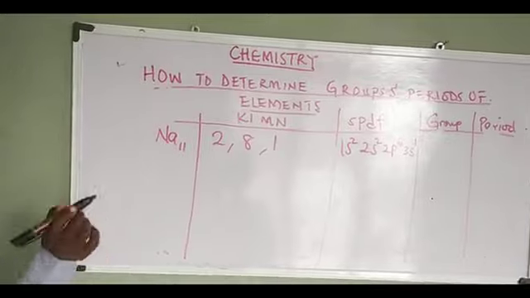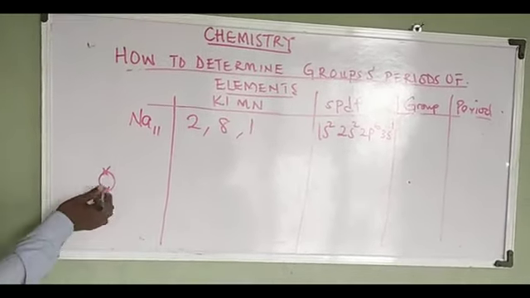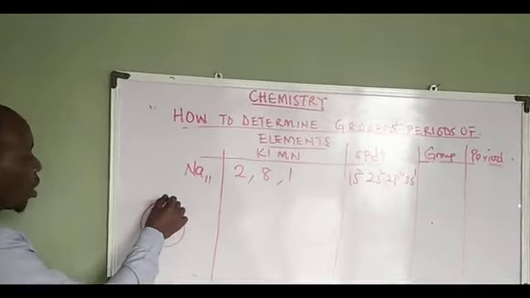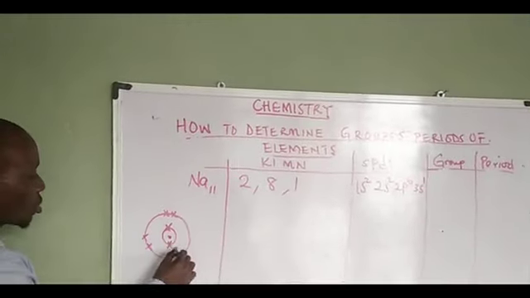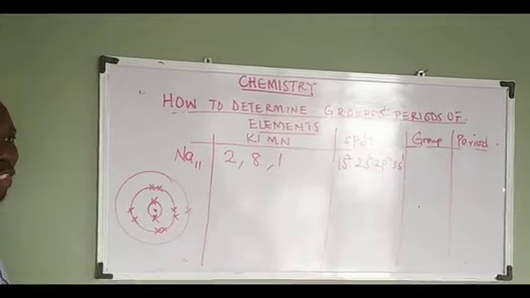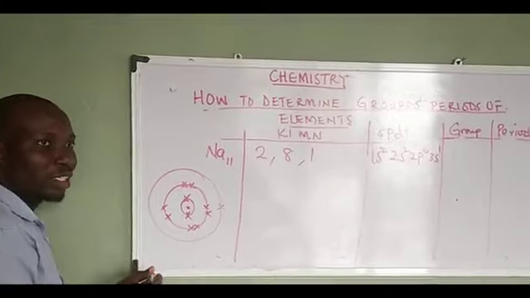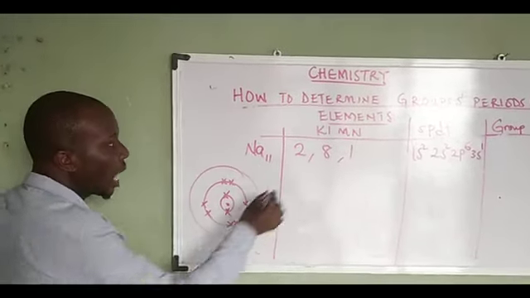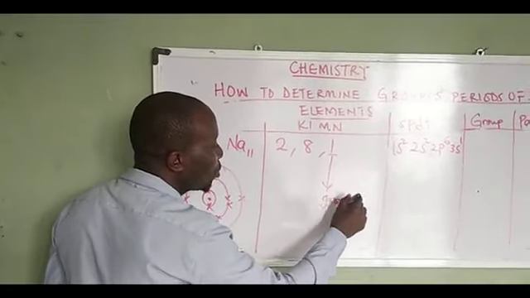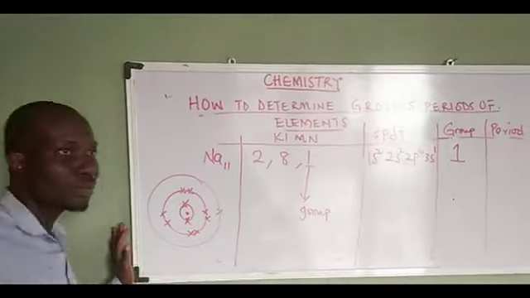I told you, for the element, the electrons will be arranged like this: 2 electrons in the first shell, the second shell 8 electrons, the third shell 1 electron. How many electrons do we have in the valence shell? Just 1 electron. And this is the electron that represents the group. Meaning that sodium belongs to group 1.